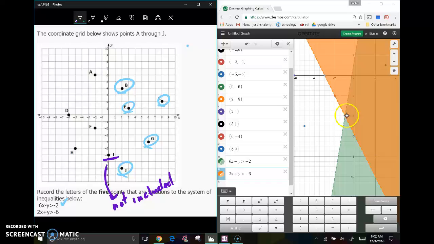So if the line was solid right here at 0, -6, then that I would be included, but it's not, so it's not included as a solution.